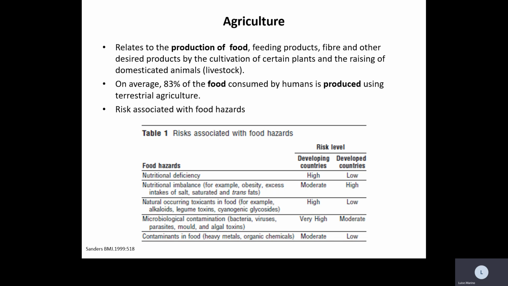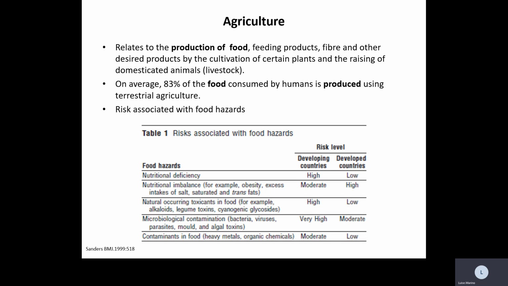And there are naturally occurring toxicants in foods, alkaloids, legumes. There are aflatoxins, so certainly in developing countries that's high, and in developed countries that's low. And then you've got microbial contaminants, such as parasites, mould, etc. Again, high in developing countries and moderate in developed countries.